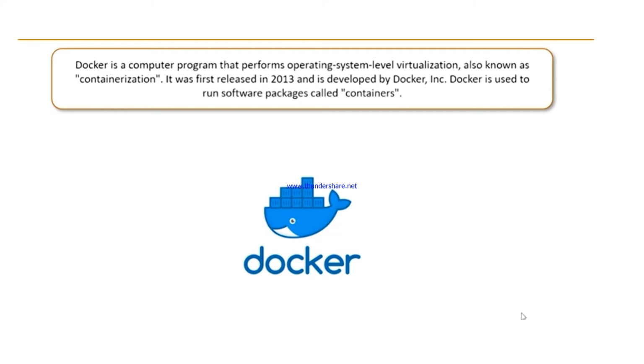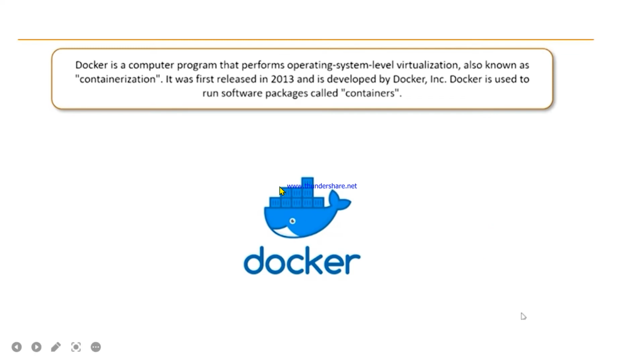Coming to Docker, it was developed by the Docker community in 2013. A collection of containers we call Docker containerization. Did you observe that it looks like a dolphin? Inside the dolphin, above we can see different types of boxes. These boxes we call containers.